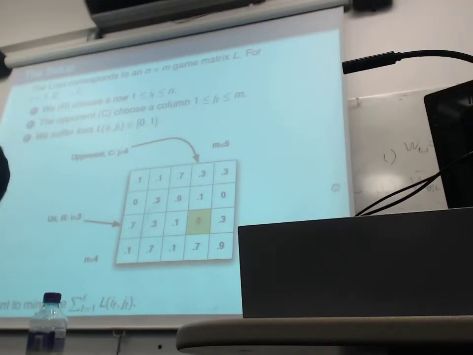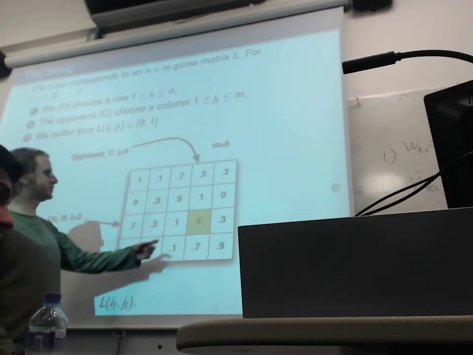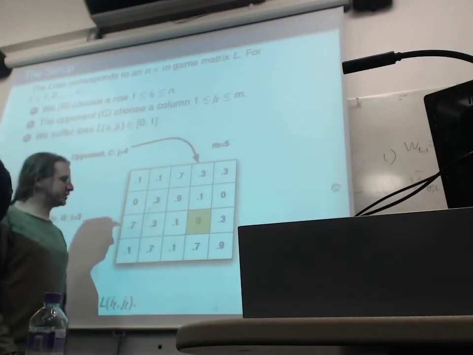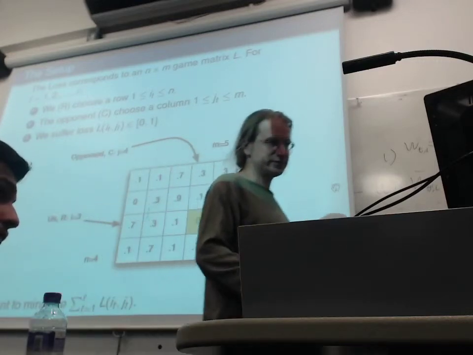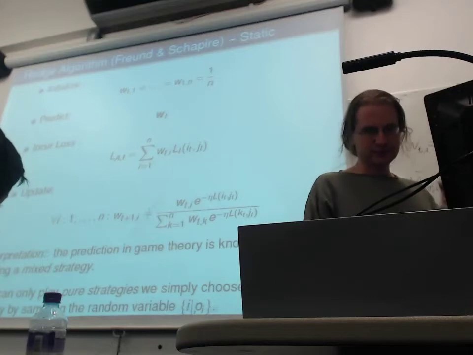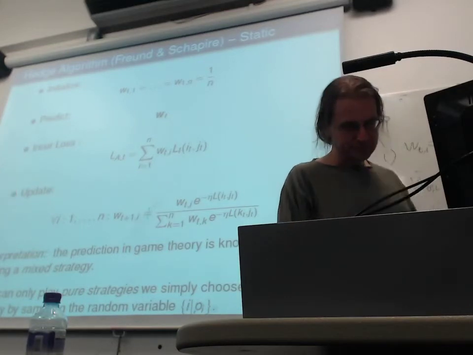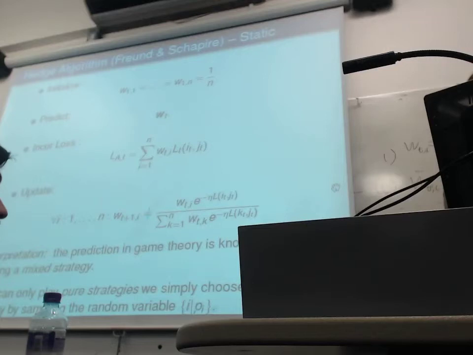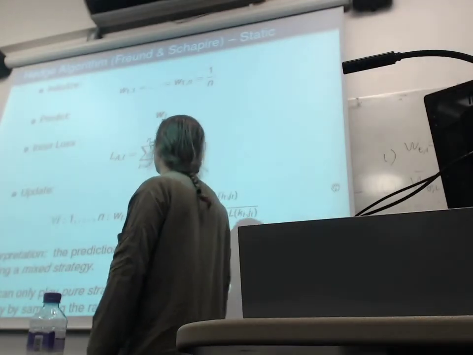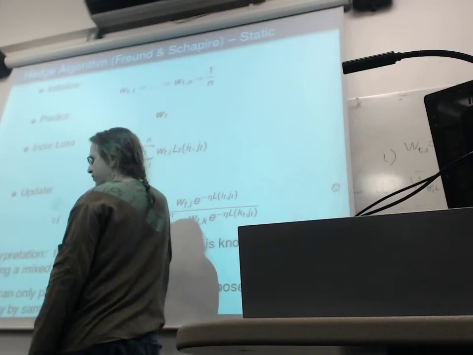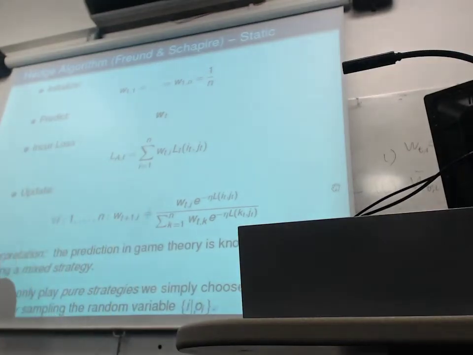Okay, so in this case, we would like to have chosen this column. Turns out, up to the change in notation, this expert algorithm that we've described is good for this scenario. Once more, we do the same thing. We set expert weights uniformly to 1 over n. And now the way we're going to predict is we're going to just predict the weights of our experts. Okay?